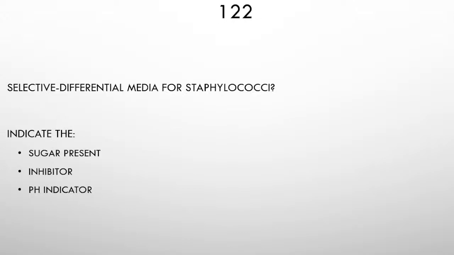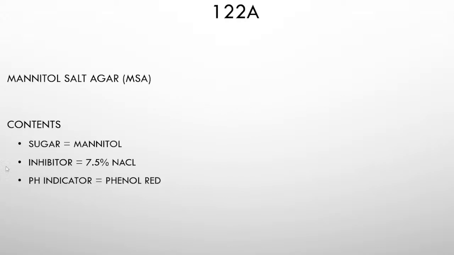All right, and the selective differential medium, a combination of both, that is used for Staphylococcus is MSA, mannitol salt agar. Contents: we have sugar, which is your mannitol. The inhibitor is 7.5% NaCl, meaning that this organism is a what? A halophile. And the pH indicator is phenol red.